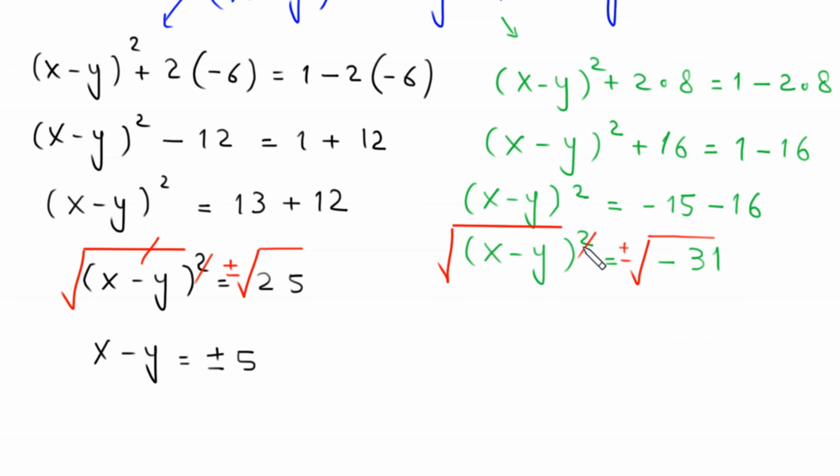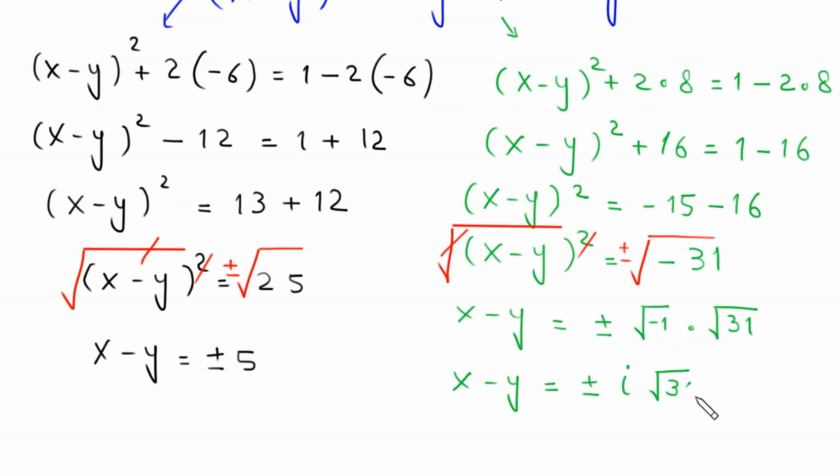So this square will be cancelled out with the square root, and this will become x minus y is equal to plus or minus root negative 31, which is the same as root negative 1 times root 31. Next, x minus y is equal to plus minus this root negative 1 will become i times root 31.